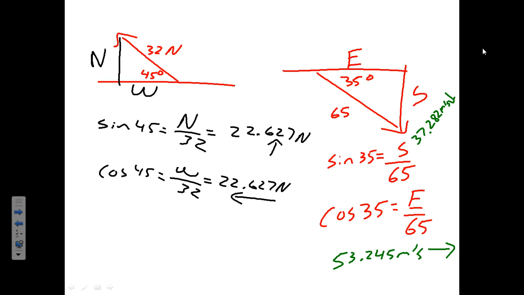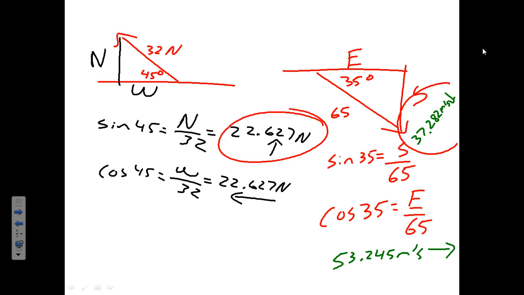All right, so now let's take our north and south components and combine them. We've got 22.627 north, and we have 37.282 to the south. So this thing's going to go to the south, right? So let's go 37.282, and let's subtract from that the north, because they're going in opposite directions.